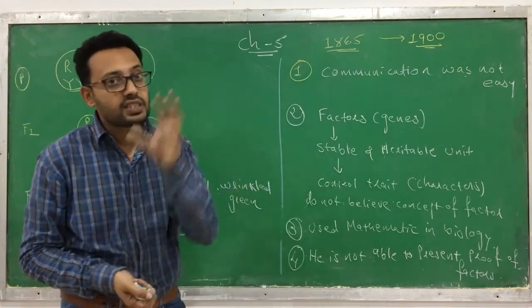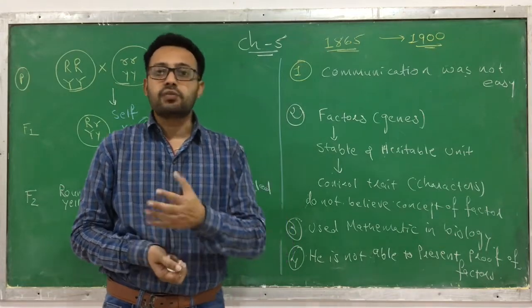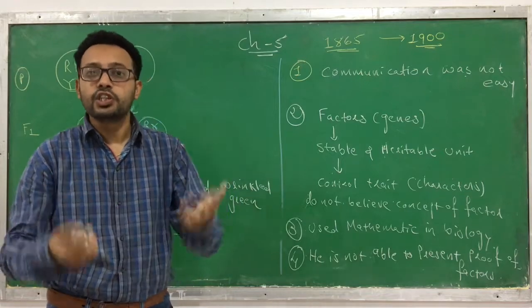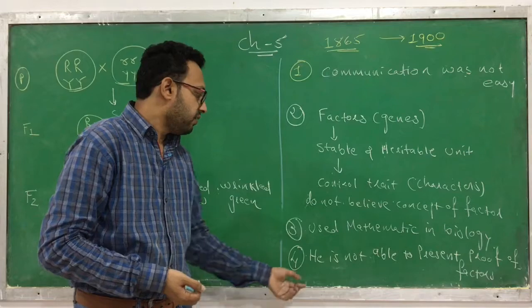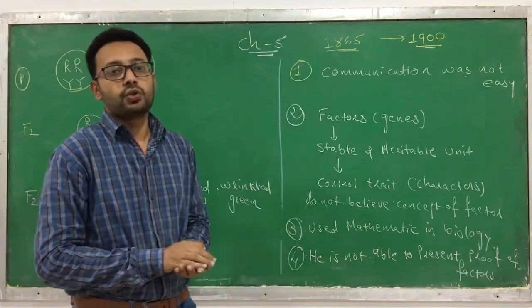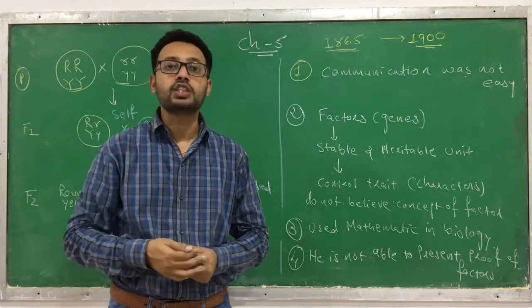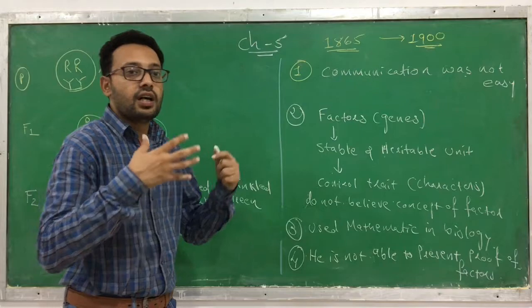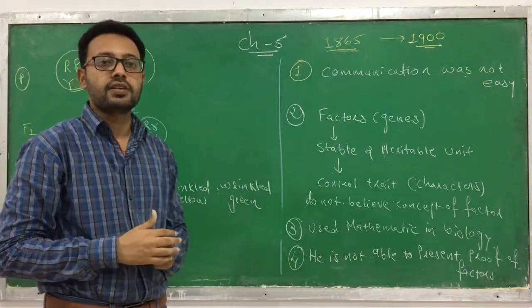Third, Mendel used mathematics and statistics in biology for the first time, but that was not accepted by colleagues and scientists. It was new, so it was difficult to understand at that time. Fourth, he was not able to show the proof that factors are transferred from parent to offspring, and that's why Mendel's work remained unrecognized for a number of years.